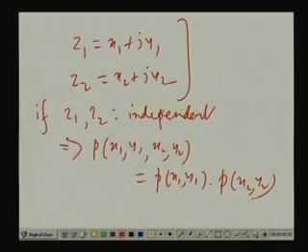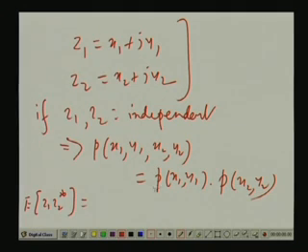And if this is given, then for complex random variables also, they will be uncorrelated. That is, E of z_1 z_2 star will be E z_1 times E z_2 star. That is very easily seen. That is, E of z_1 z_2 star will be nothing but z_1 z_2 star multiplied by the joint density integrated, but the joint density can be broken like this.